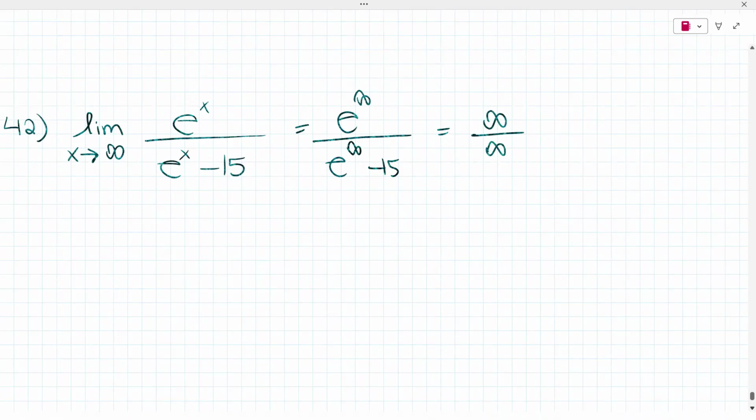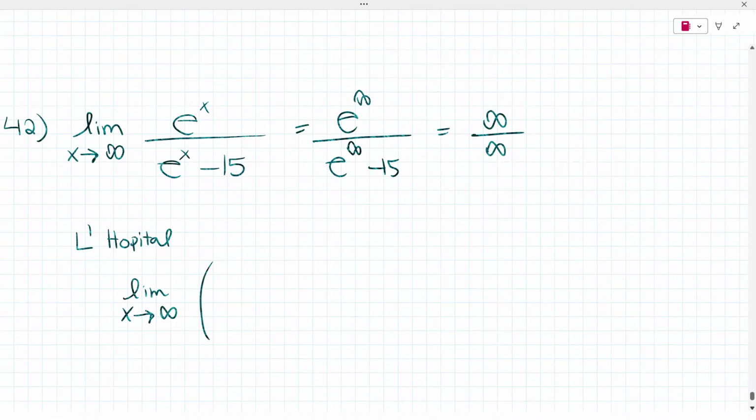So what you're going to have to do is apply L'Hopital's rule. L'Hopital's rule is basically you take the derivative of the numerator and the denominator, maybe once, maybe twice, or maybe 3 times, until you get a real value. So it's going to be the limit as x approaches infinity.